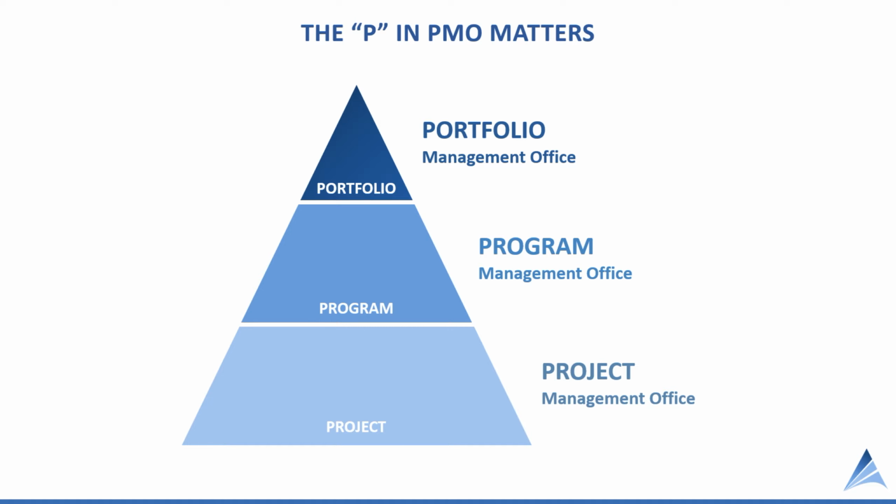The next type is the program management office. It's much less common. It's really designed for organizations that are program focused. Perhaps they have projects managed at a lower level. The program management office is focused on very specific programs within that organization, and they provide the support and the team to manage programs.